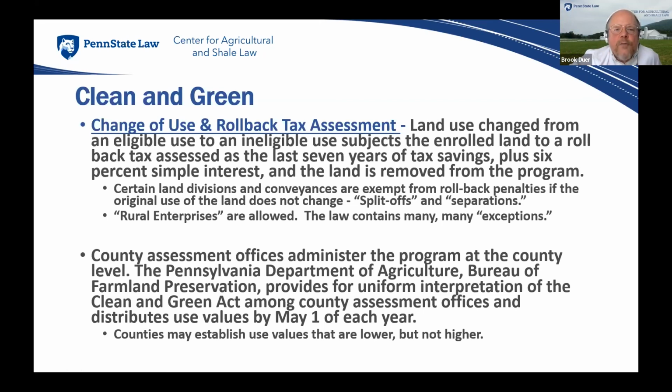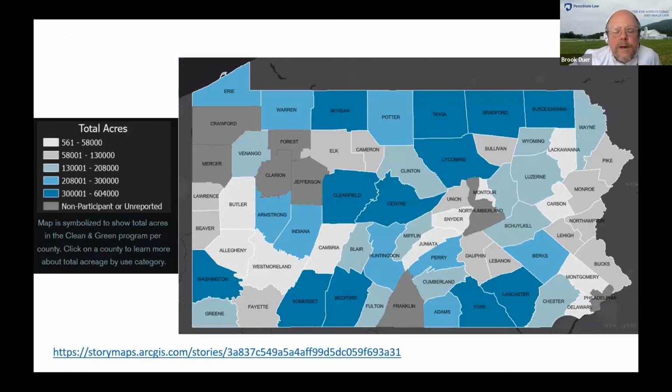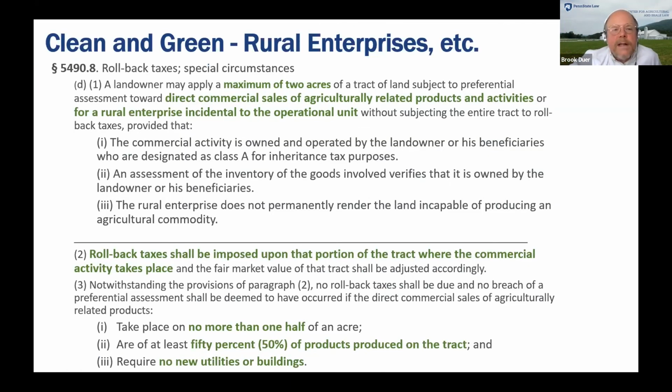There are lots more complicated rules to be applied in Clean and Green. Unfortunately, I kind of ran out of time here. There are so many exceptions in Clean and Green that the exceptions sometimes feel like they swallow the rules. One of the most important ones is the concept of the rural enterprise, which is essentially a business that is occurring at the property that will not violate this idea that you're going to leave it in ag use only, because it has a certain connection to the rural.